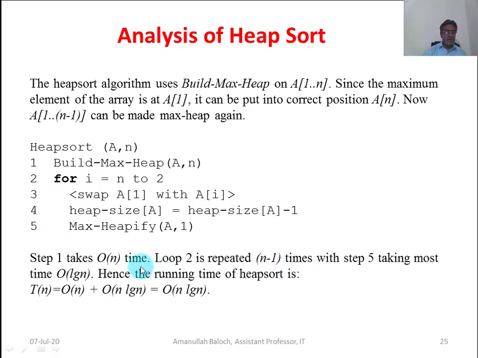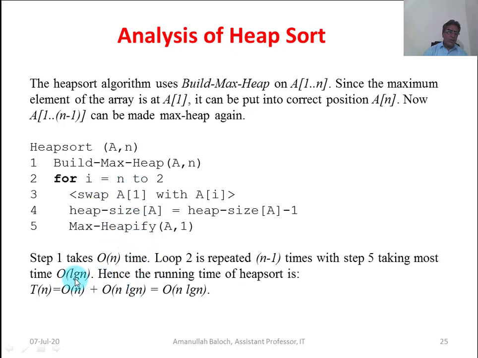Step number 5 takes the most time, O of log n, as in our lecture number 13, because we are calling the maxify procedure, and the maxify procedure takes O of log n time for its call here, and because it is part of this loop, it will be called n times.